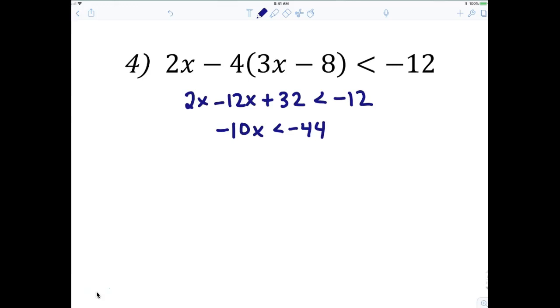To me, I like fractions, so this would be 44 over 10. You made a mistake. You have to switch the direction of the inequality. Oh, I haven't finished the problem yet. Give me a break. But you already divided by a negative. No, I didn't. Yes, you did. What is negative 10x divided by negative 10? So we got 44 over 10 is the same as 22 fifths. Unless I made another mistake.